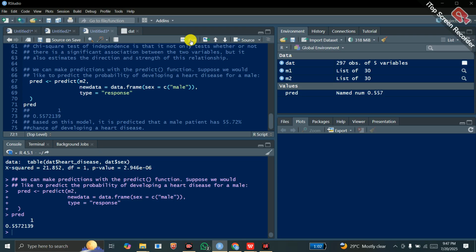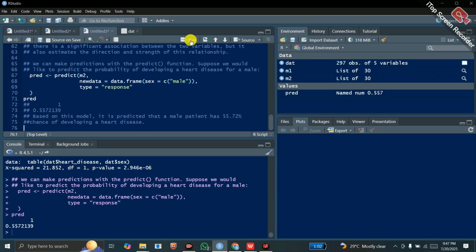So based on this model, it is predicted that a male patient has a 55.72% chance of developing a heart disease, which is much higher as compared to the probability of heart disease developed by a female. So ladies and gentlemen, this is how we can use a univariable binary logistic regression to predict probabilities for a categorical independent variable.